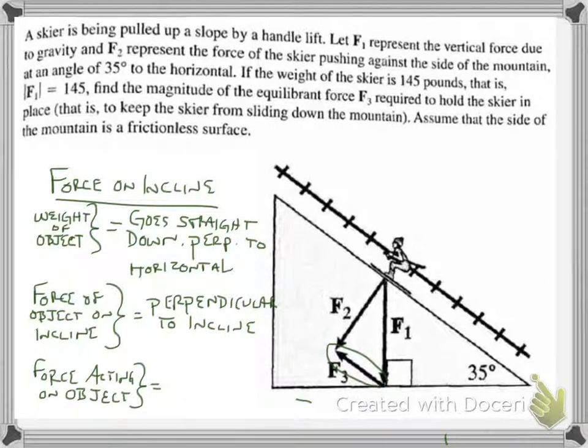And that's the one that they're looking for here. Okay, is the magnitude of that F3. So the force acting on the incline, or I'm sorry, the force acting on the object is basically what's pulling it up the incline, or in this case pulling up the mountain, or keeping it in place on the mountain. And that one's going to be parallel to the incline.